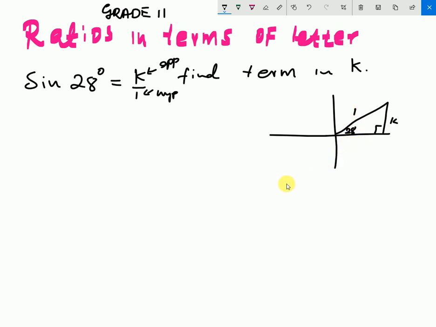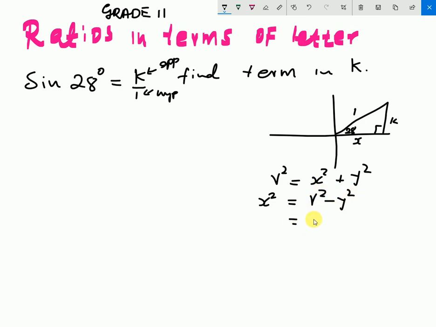And what about this? Then you use Pythagoras. You remember Pythagoras says r squared is equal to x squared plus y squared. X is unknown, meaning that we can have x squared equals r squared minus y squared.